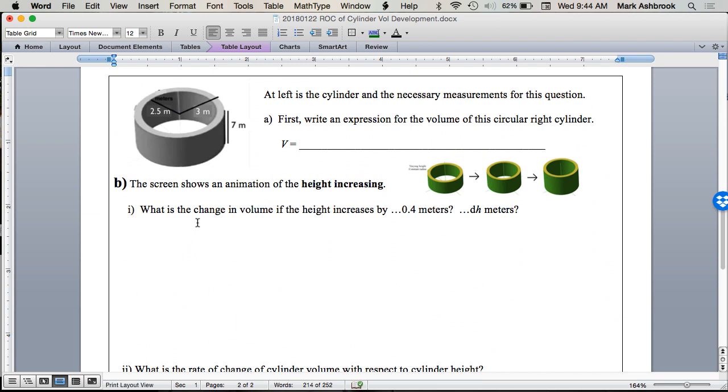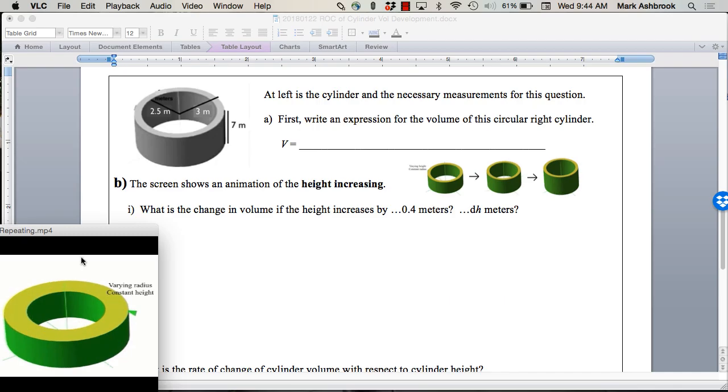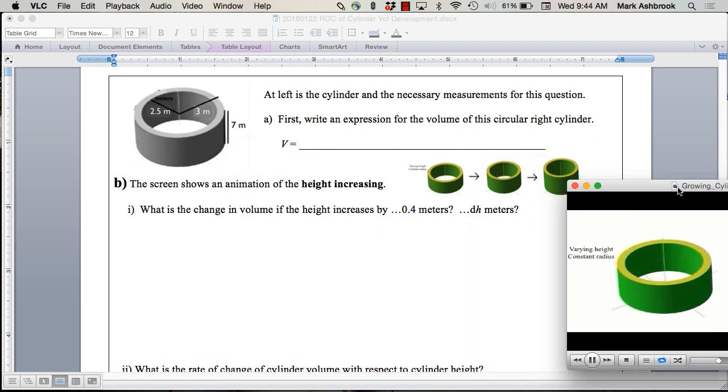We investigated this. If the height is changing, we went through the mathematics to figure out what the rate of change of the volume of that right cylinder would be. And what did we come up with?